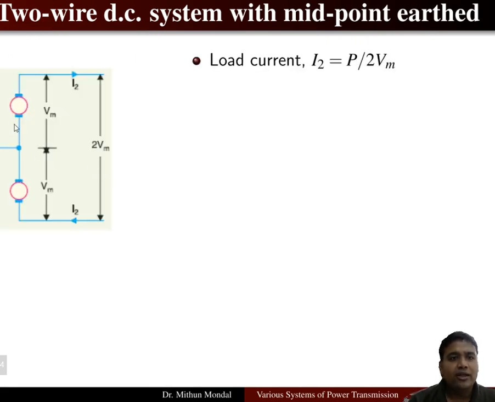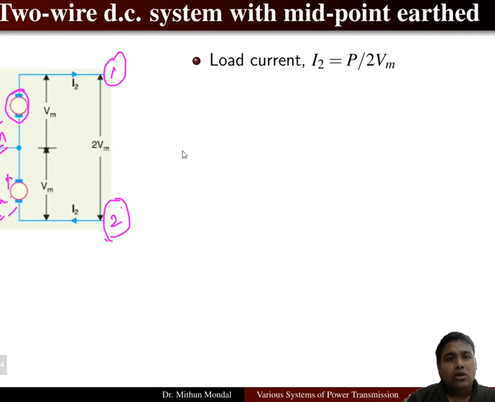Here you can see this is conductor number 1, this is conductor number 2, and your midpoint is here. The midpoint is earthed. So this is your earth, and this is your DC system.